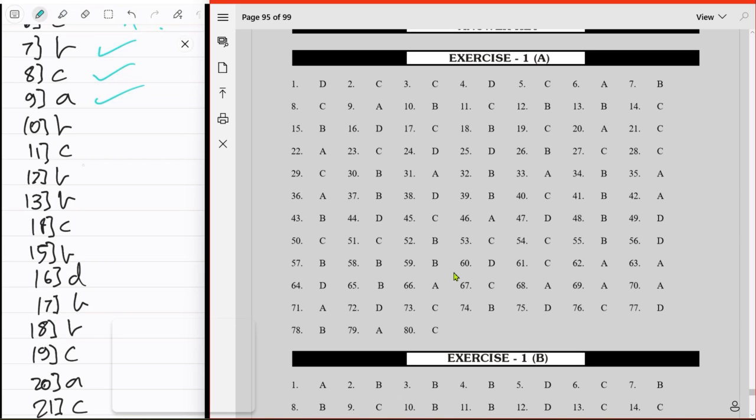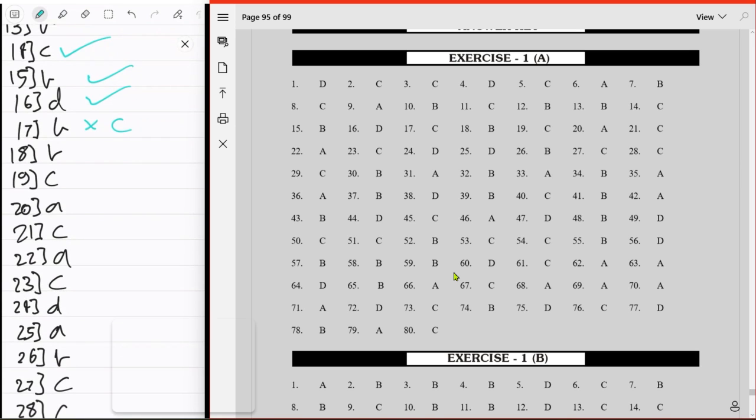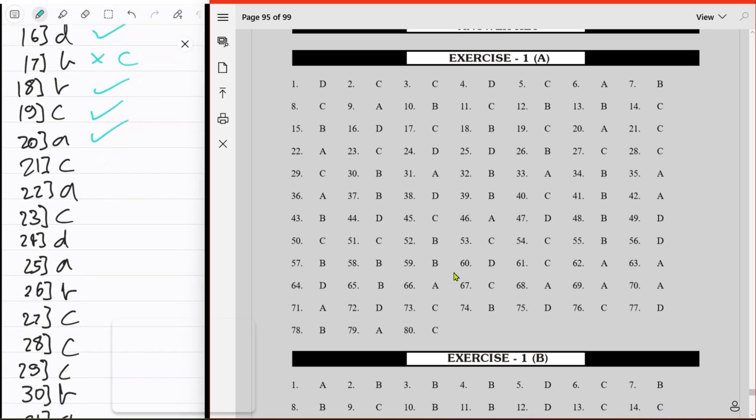Okay, BBC. 15th. Okay, BTC, BCA. 17th should be C. Wow. Then B. Okay. 19th is C. It's A. 21st, we got CAC.